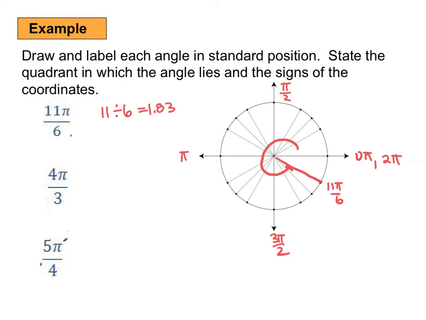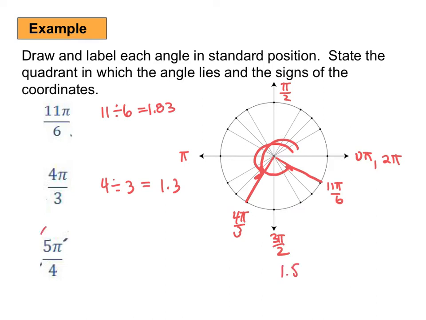Now if you look at the next one, we have 4 pi over 3. Again, if you don't know where that is, plug that in your calculator, 4 divided by 3, but hopefully you do actually. And it's 1.3. So what happens is we're going all the way right here. This right here would be 4 pi over 3 because I'm almost at 1.5.